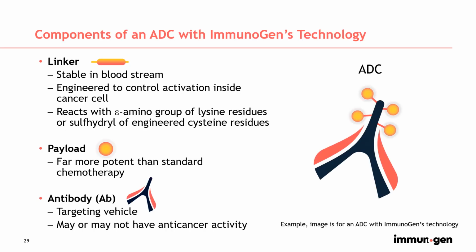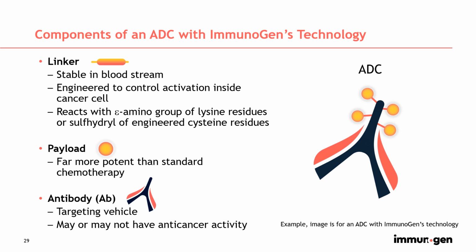An antibody-drug conjugate, or an ADC, is a slightly complex molecule with 3 key components: the linker, the payload, and the antibody. The antibody in this case mainly works as a targeting vehicle that binds to the cancer cell via the target antigen.